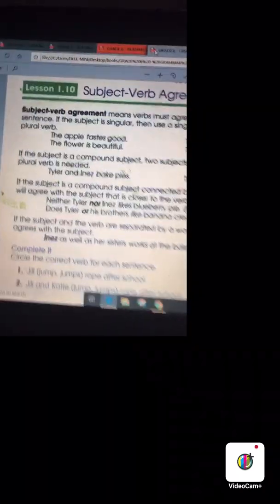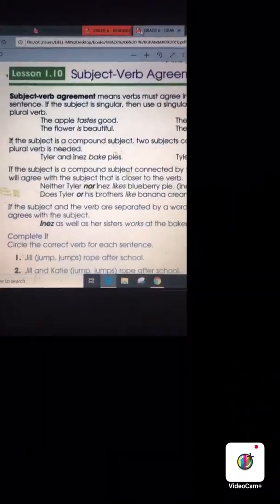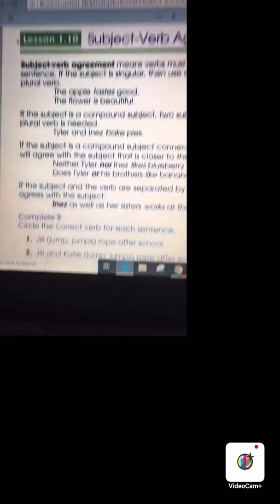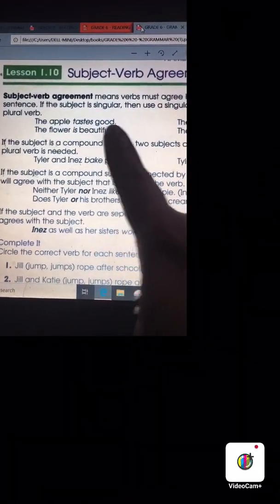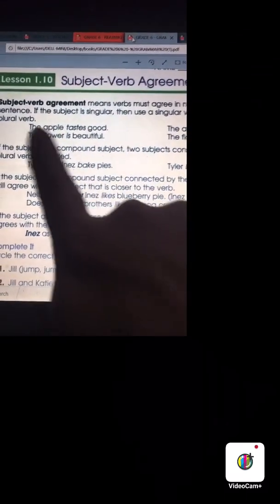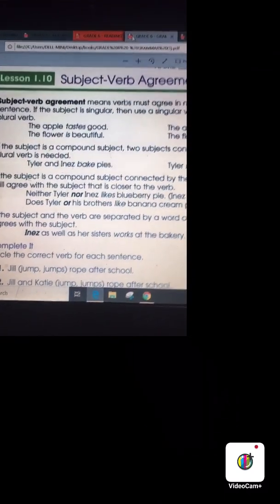So for subject-verb agreement, we have said that the agreements of the verbs have to go according to the time, if it's present or past, and depending on the verbs. For an example, we have in here, the apple tastes good, or the apples taste good. So it's depending on how we are doing.